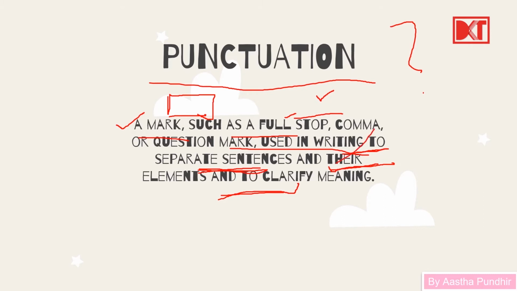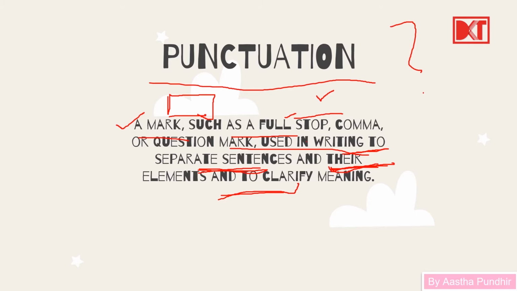So all these elements to separate them and also to clarify the meaning. To clarify the meaning. How would we know from a full stop that the sentence has ended here? What will we know from a comma? That now we are referring to more words, more clauses. And from a question mark, we know that this is a question. So in this way, to clarify meaning.